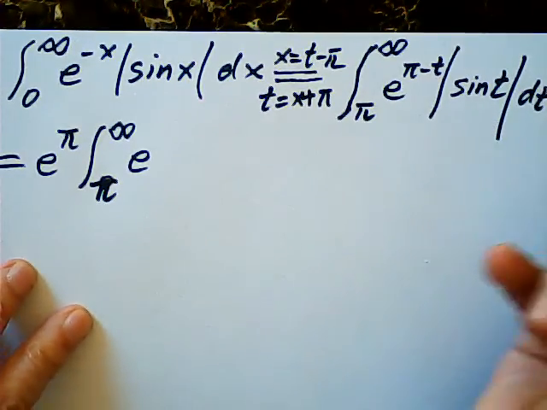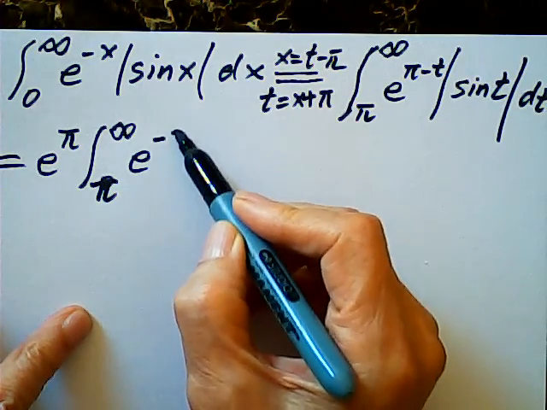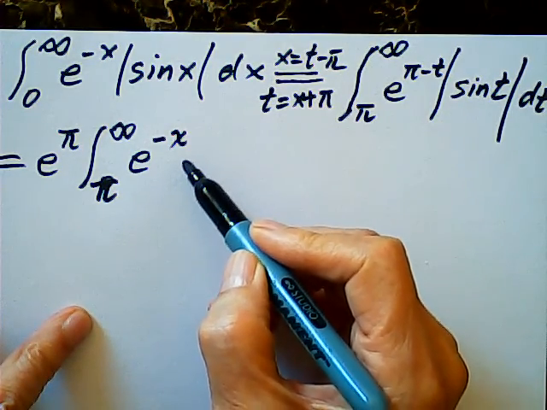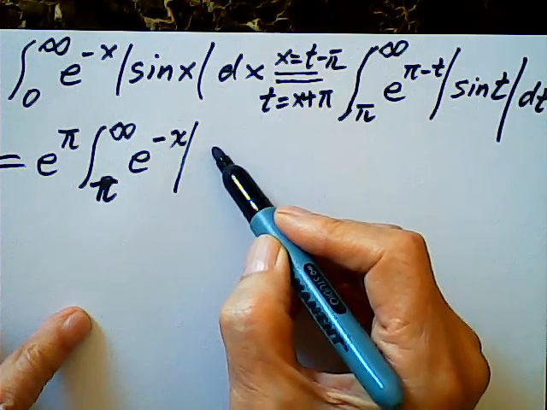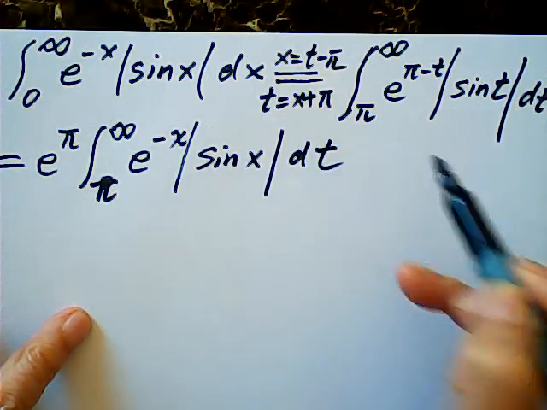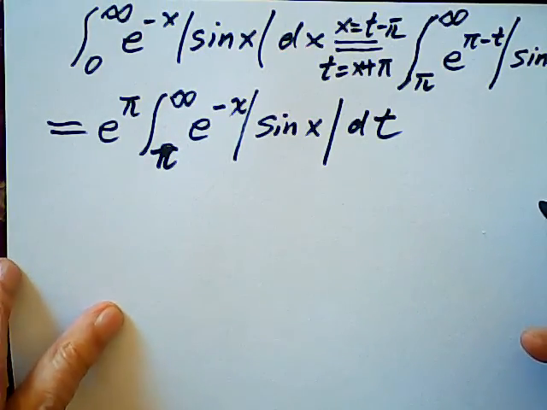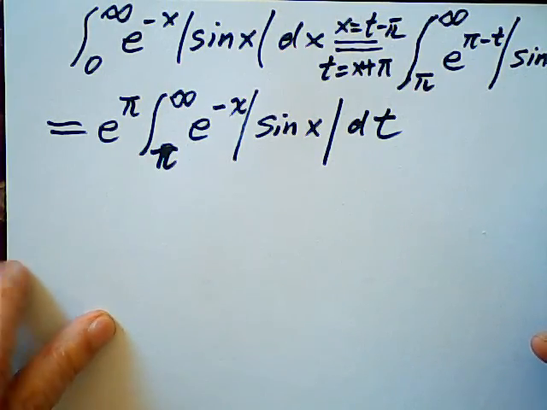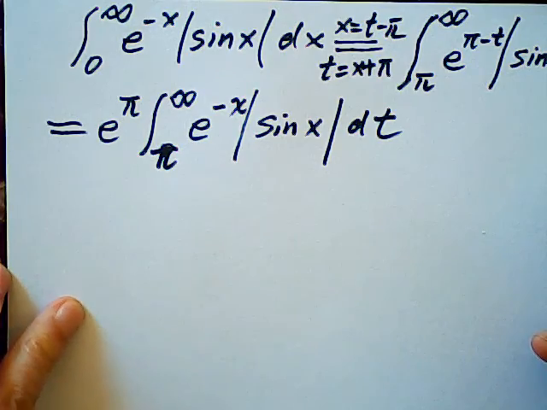And x is just a dummy variable, so let me write x: e to the negative x, absolute value sine x, dx. See? It's a very, very nice way to change the integral.